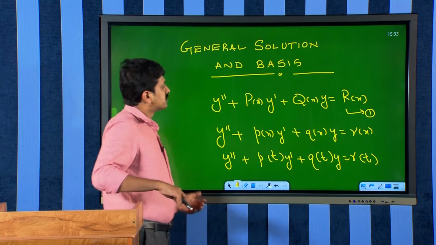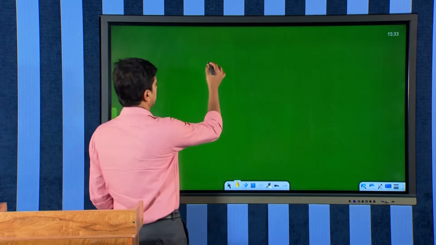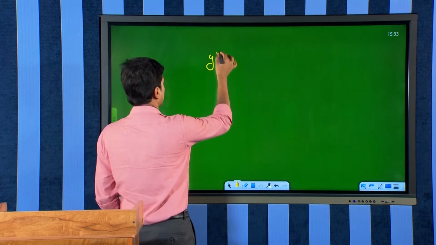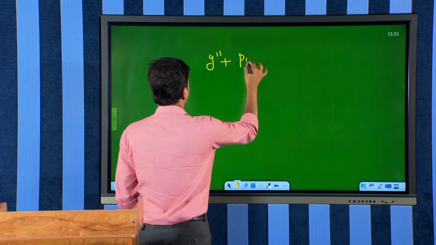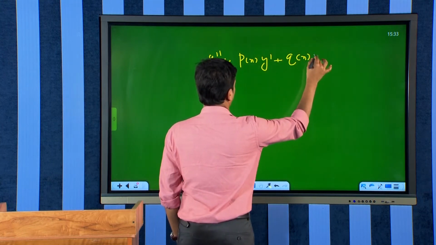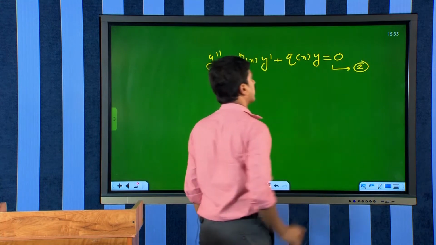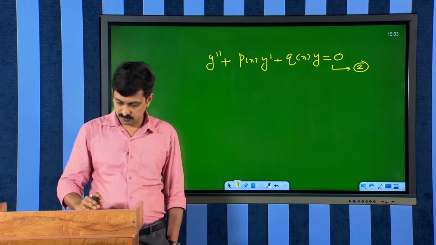See my dear students, a second order homogeneous linear differential equation is of the form y'' + p(x) y' + q(x) y = 0. I would like to consider this as equation number 2.